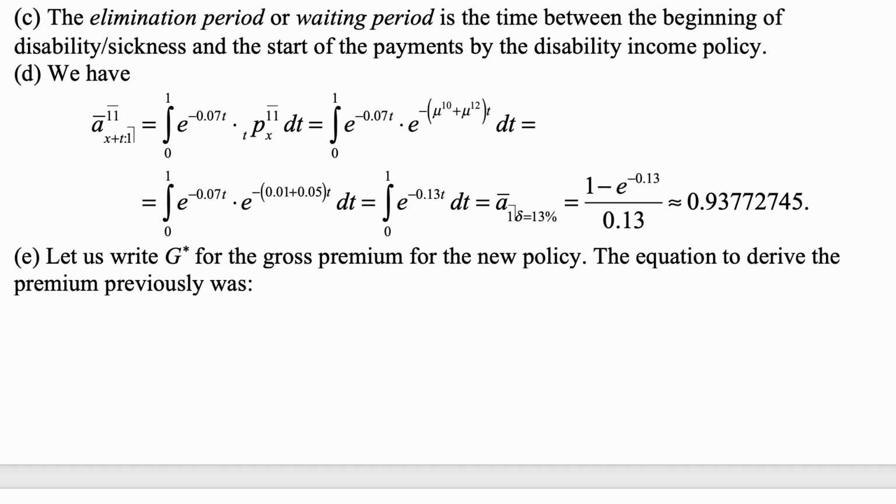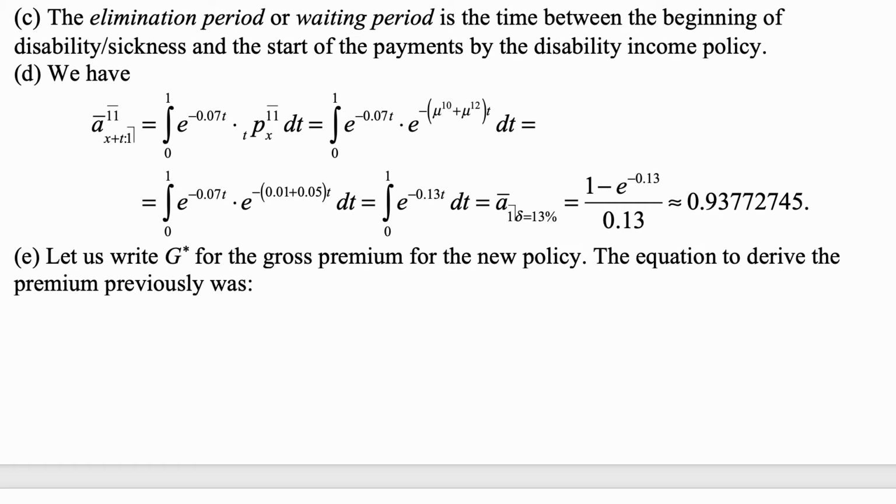Part D, we have A bar X plus T colon angle 1, 1 with bar above them, so a sojourn annuity, is equal to the integral from 0 to 1 of e to the minus 0.07 t times TPX 1 with a bar above it, which is the integral from 0 to 1 of e to the minus 0.07 t times e to the minus mu 10 plus mu 12 t dt.